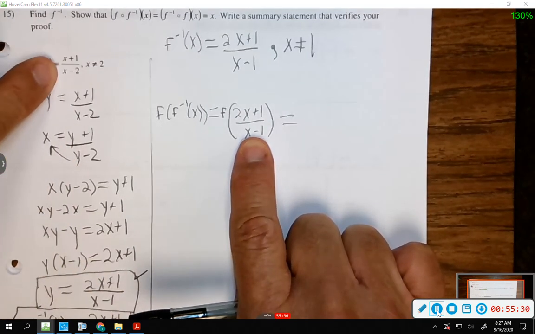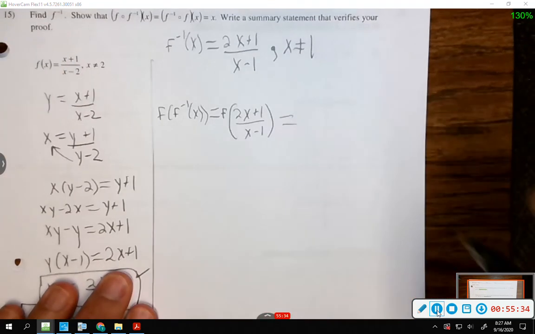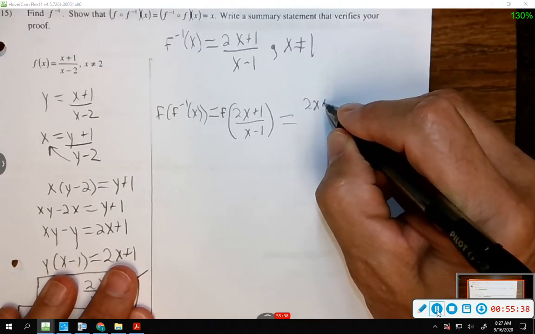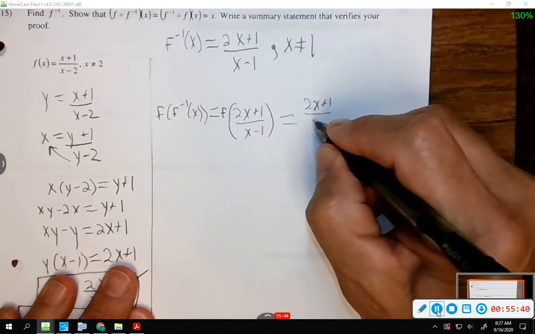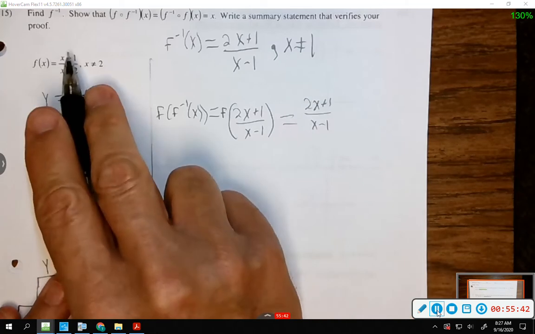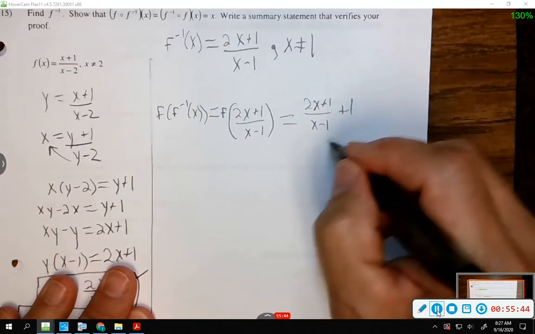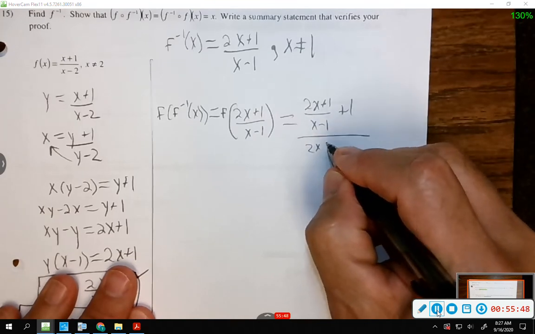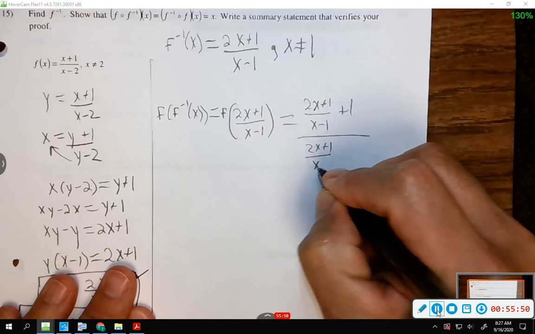That x and this x. So we end up with 2x plus 1 over x minus 1 plus 1, all over 2x plus 1 over x minus 1 minus 2.